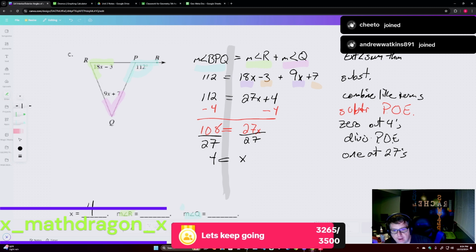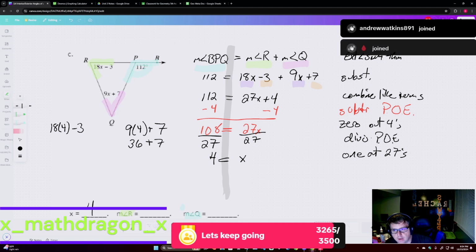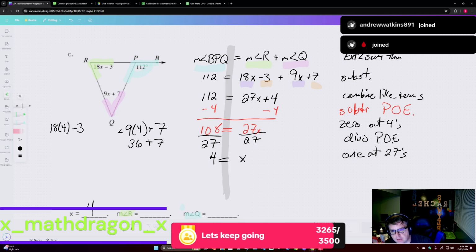So we're going to take that x value of 4 and plug it in. So we're going to do 18 times 4, take away 3, and 9 times 4, plus 7. So this is going to be 36 plus 7, 43. Am I right on that? And this is pink, so this is angle Q. This is angle R. So angle Q is 43.